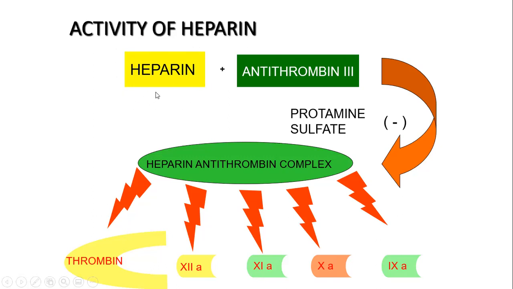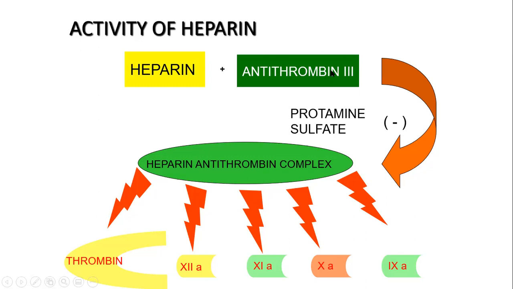So heparin, mechanism of action is to potentiate the action of antithrombin. In that sense, now, your heparin would serve as an anticoagulant. So it would inhibit coagulation because it would potentiate the activity of your antithrombin.